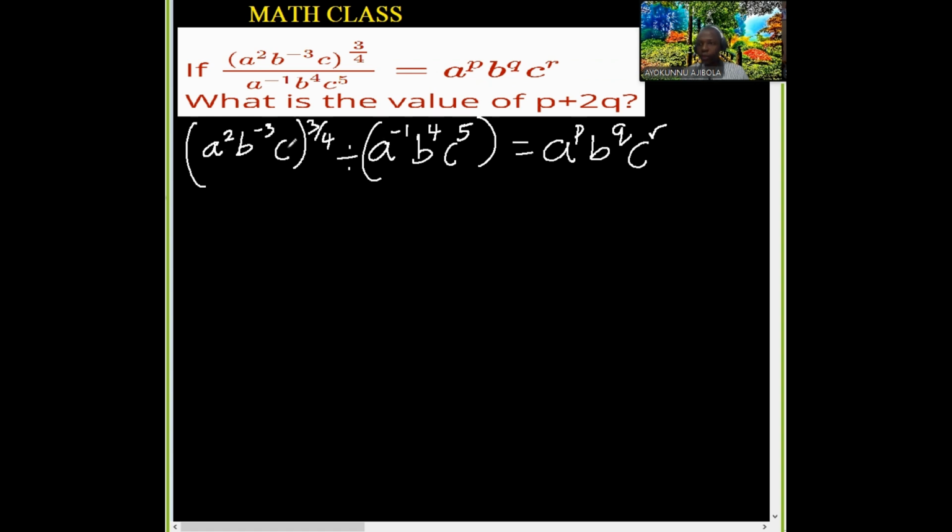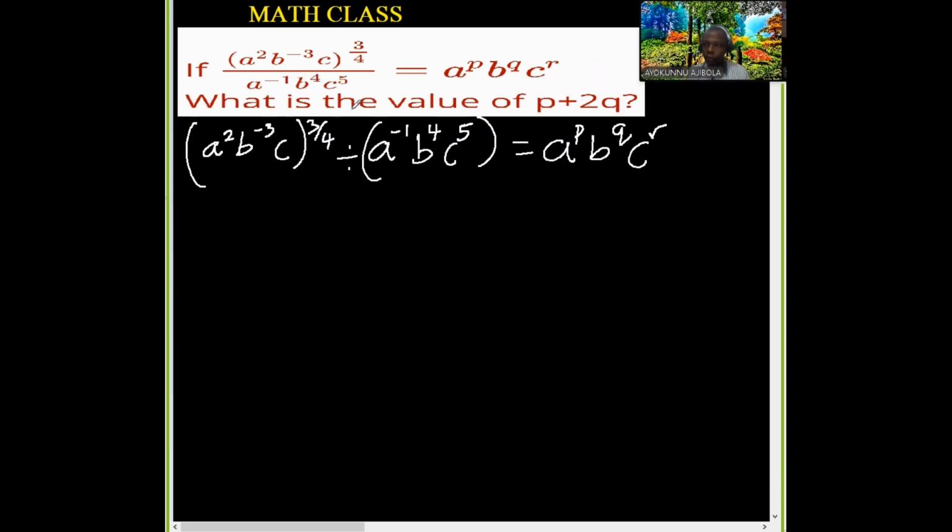Okay, what I need to do, number one, is to firstly free all of these in this bracket, free them from this combined power, okay? So we're going to say a squared is having the power of 3 over 4, then times b raised to power minus 3, also having the power of 3 over 4. Are you getting this?